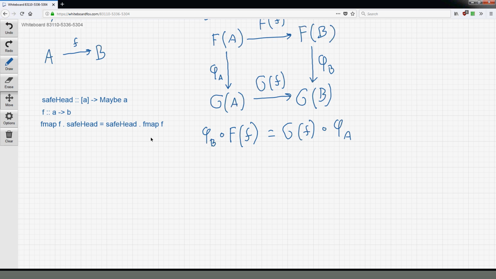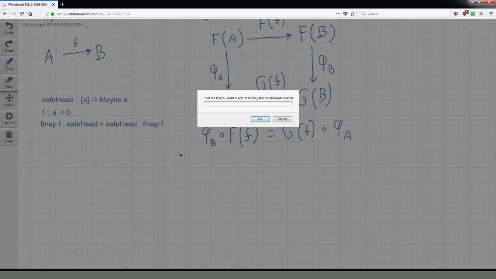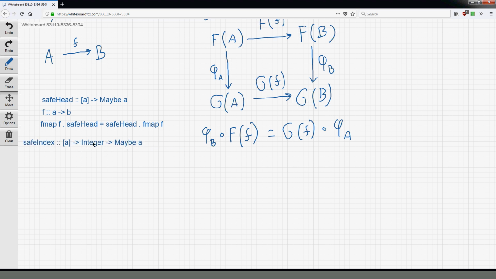So the safe head, and also the safe index, because remember when the safe index function had the signature, right? So this part here, you can think of as a function from the integers to Maybe A, or you could consider this to be the composition of the reader functor with the Maybe functor, right?